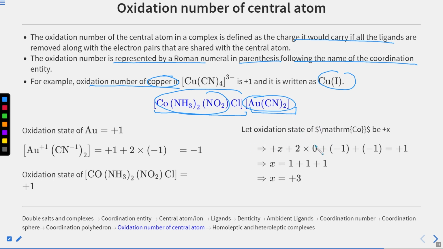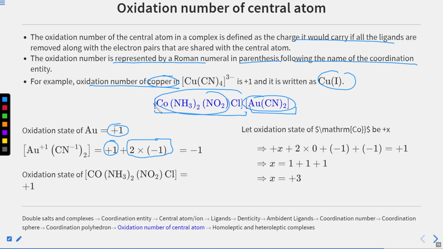So how will I calculate it? Suppose CN has a charge of -1, so -2 for the two. And we know that Au has an oxidation state of +1. So +1 and -2 will give us -1. Now the overall charge on this entity should be equal to +1.